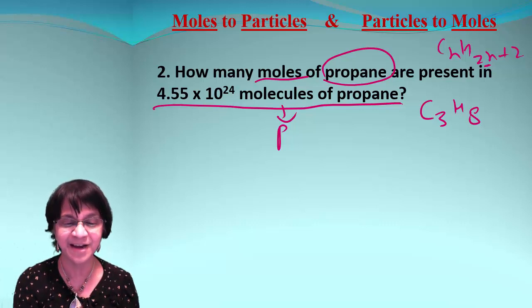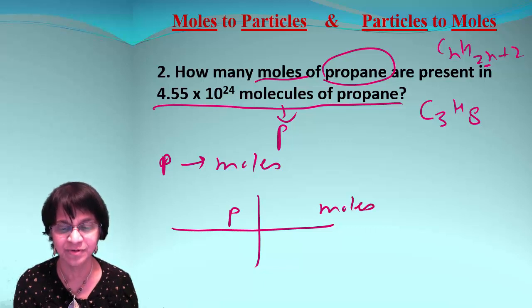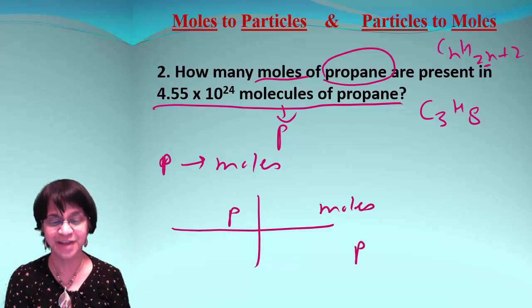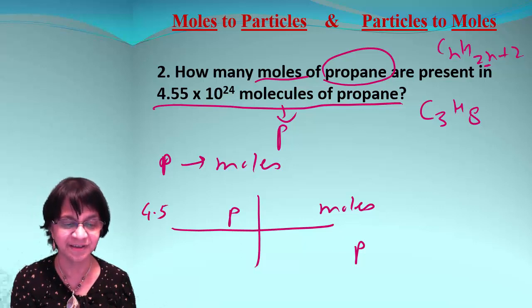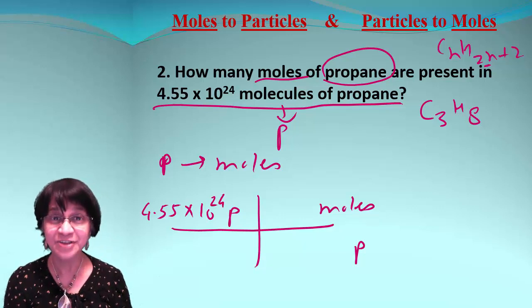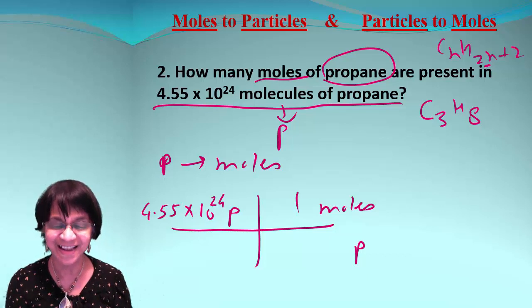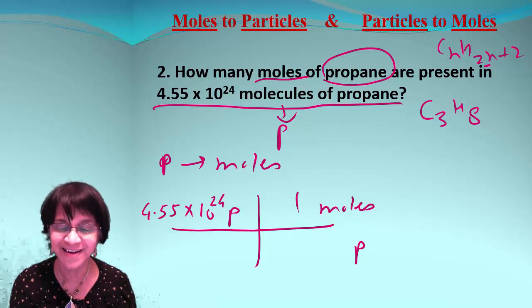Let's get our roadmap, and that will be particles going to moles. Just one step. That is our particles. That goes to moles. And then in order for us to cancel, we need to have particles here. Let's begin with our given particles, which is right over here. Mole is always number 1. And then this one, if it's a mole to particle ratio, what do we write?